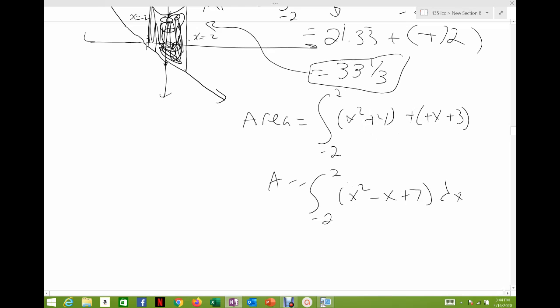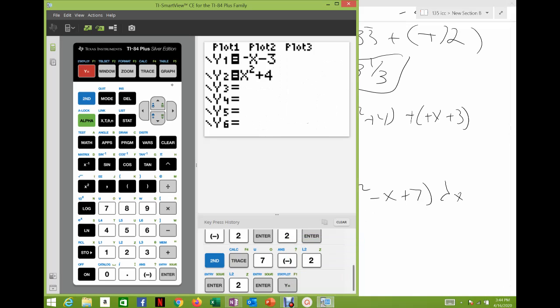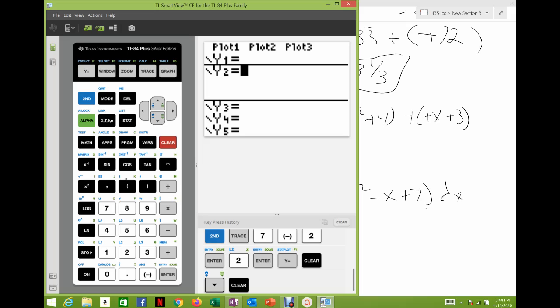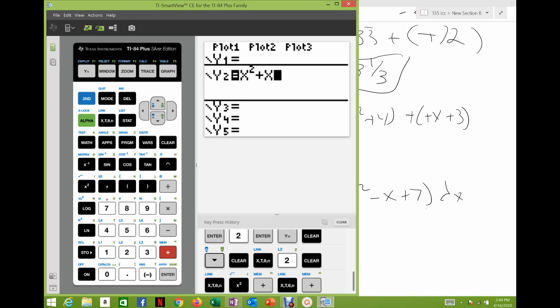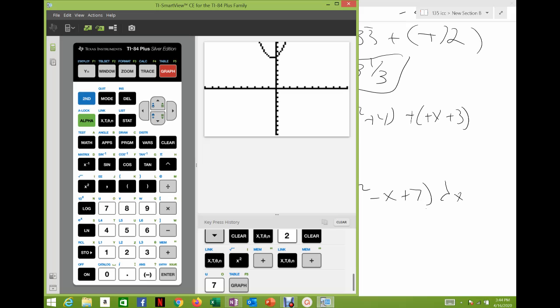Alright, and so this is the function I'm now going to find the area under. So I'm going to go back to my graph and regraph this new function, that new function where I've subtracted. I'm going to clear all this out. Alright, and then I'm going to type in my new function, x squared plus x plus 7, graph, and so now I've got a new function, it's a new parabola.